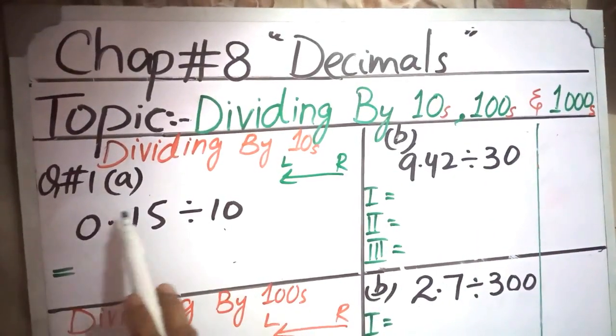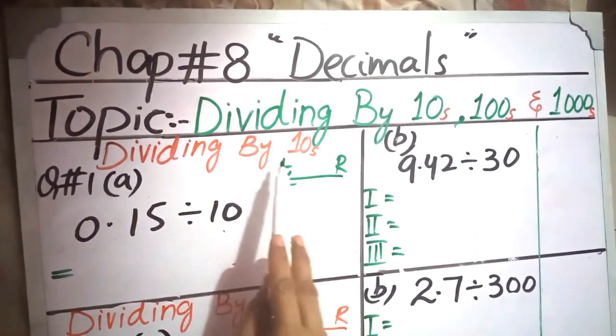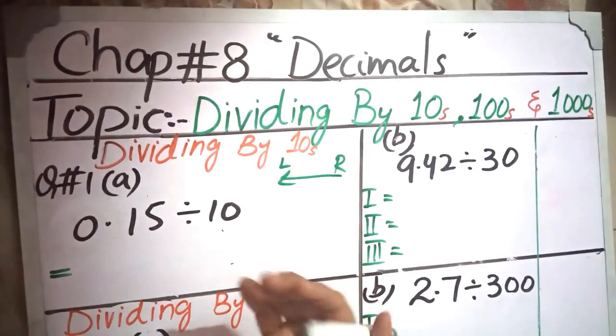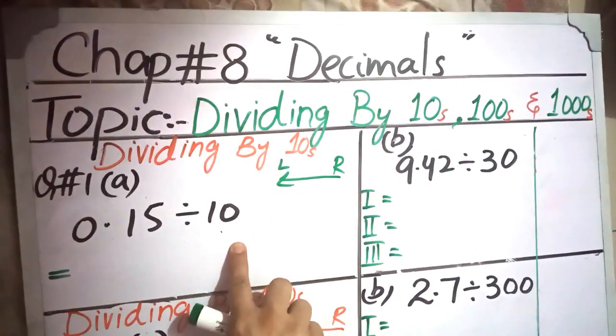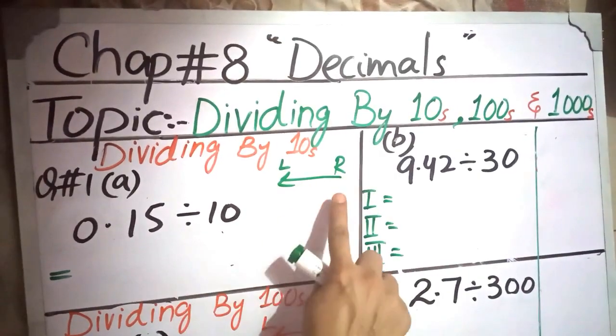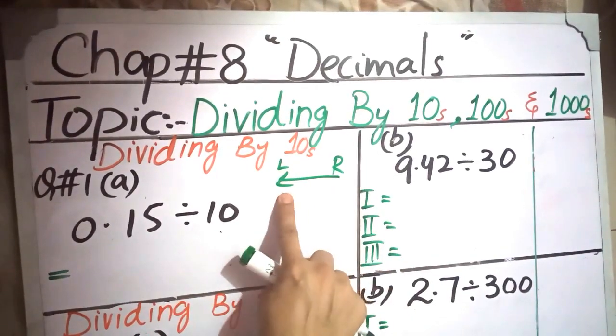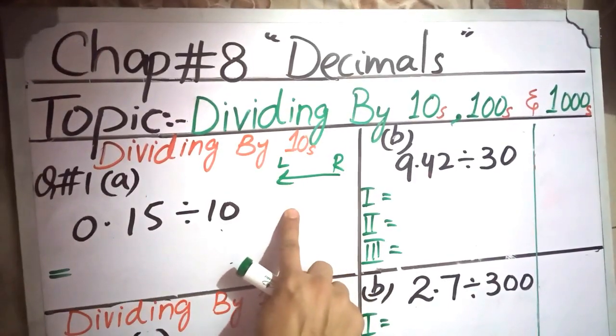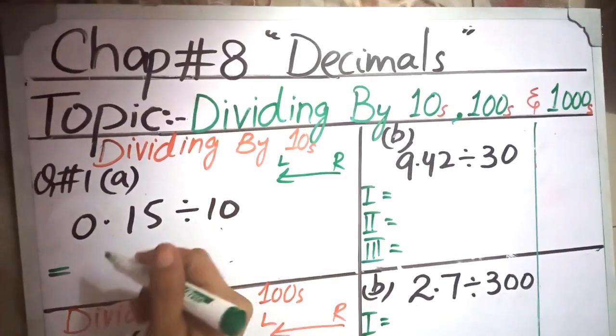Okay, now question number 1. Whenever we divide a decimal by tens, just keep in your mind, we have to go from right to left, means we have to shift the point from right to left.